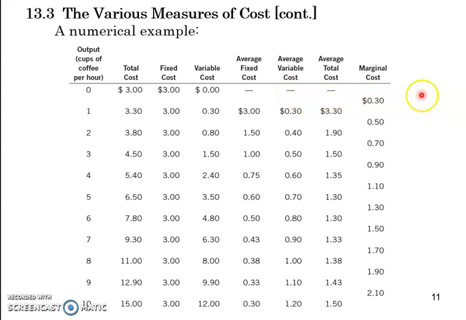Now the last column, when we look at the marginal cost, we find it continues to go up. It's very similar to the AVC. So the economic intuition behind this rising MC curve is the same. It's the law of diminishing returns.